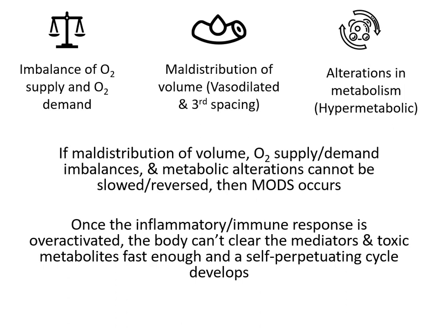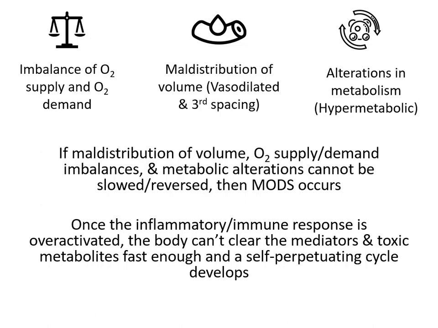In multiple organ dysfunction syndrome, there are three key factors contributing to the development of the syndrome: imbalance of oxygen supply and oxygen demand, maldistribution of volume through vasodilation and third spacing, and alterations in metabolism, where the patient is hypermetabolic.